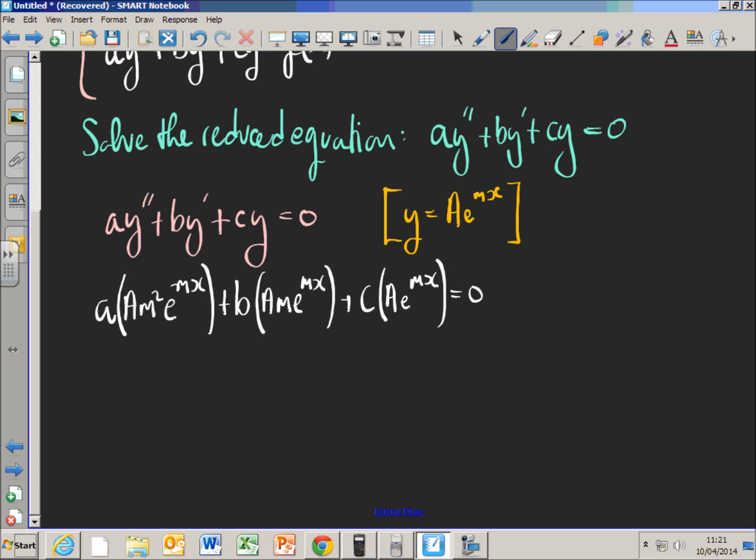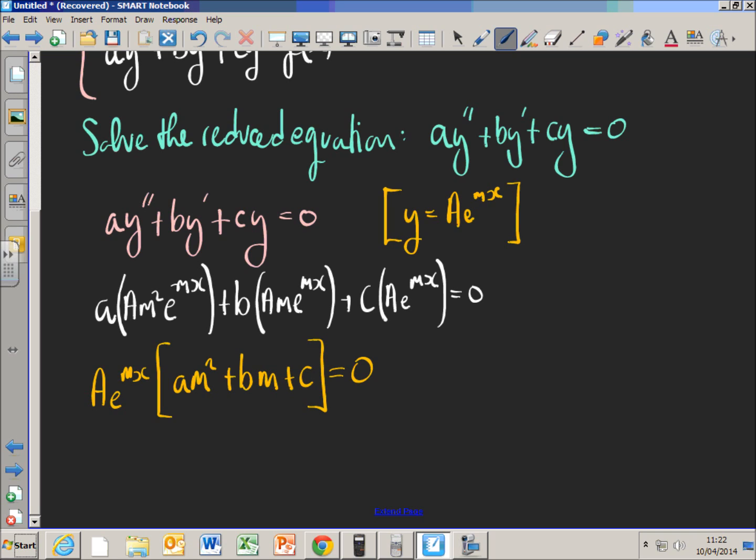So I factorise the whole thing, and I get e to the mx outside, and inside I get a m squared plus b m plus c, and that all equals 0.